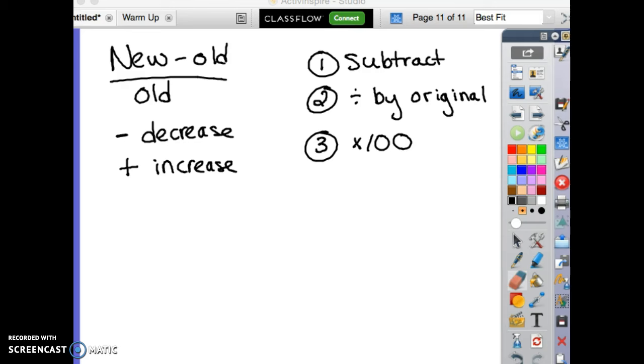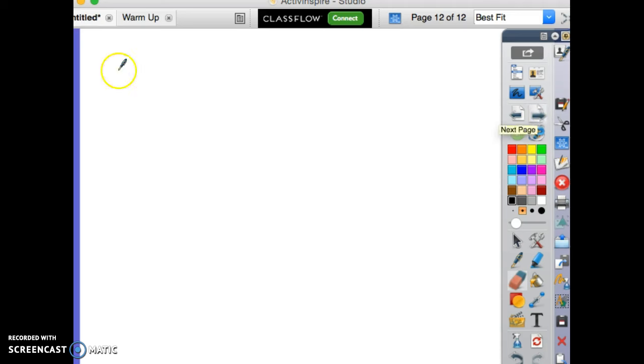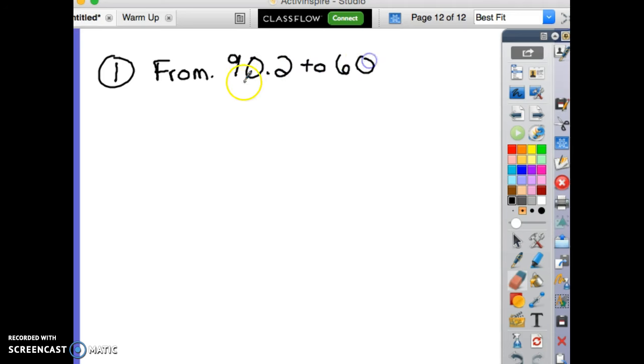So anyways, you might have done this formula last year. We're going to do it this way. So let's look at number 1. Okay, number 1 says we're going from 90.2 to 60. So I started with this, and this is our new value. So I went down, so I'm going to get a percent of decrease.